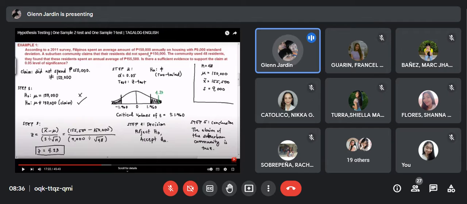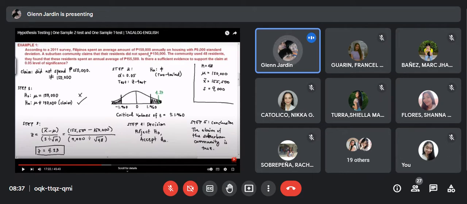So, from the given, sinasabi kasi din sa bandang huli, claim, ano ba yan? Claim is the average amount which the residents spend na 150,000, sabi nyo sa average of 155,000, ano?